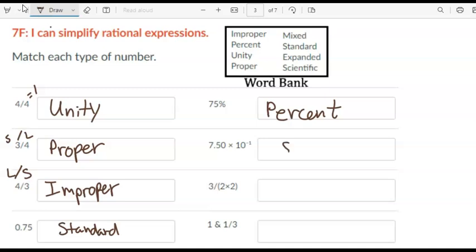That is scientific notation. Three over 2 times 2. We have repeated multiplication written out that is called expanded. 1 and 1/3. That is a mixed fraction.